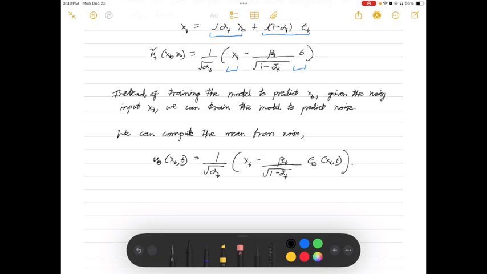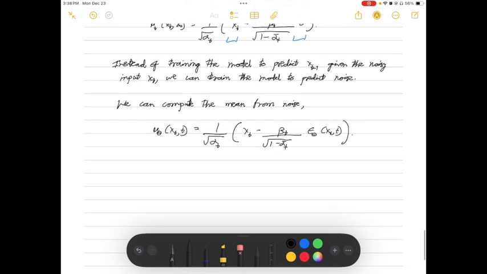So this is pretty much the same formulation, except that we have parameterized the noise instead of the data sample xt.